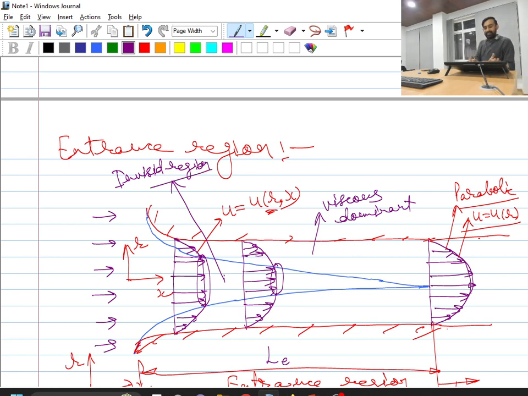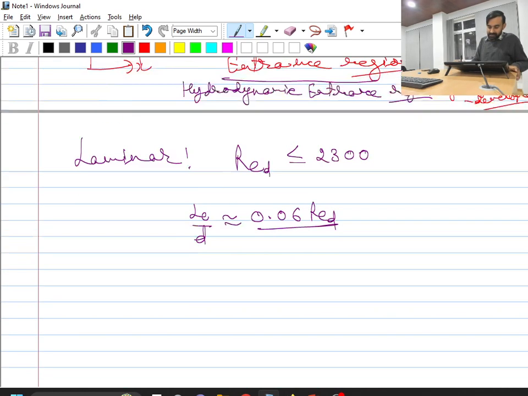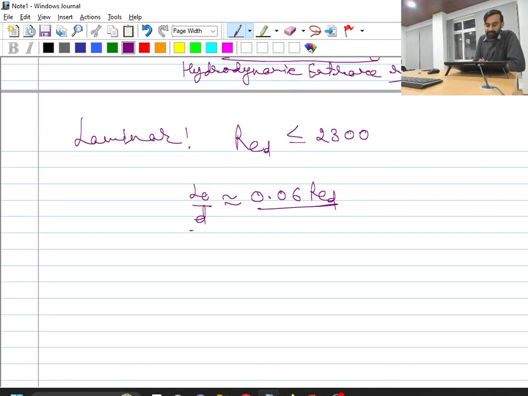So in the entrance region, I have a combination of multiple regions: the viscous dominant region as well as the inviscid region. So theoretical analysis of this region is actually complex. So from semi-empirical analysis, this entrance length, when scaled with the diameter of the pipe, is found to be close to 0.06 times the Reynolds number of the pipe.